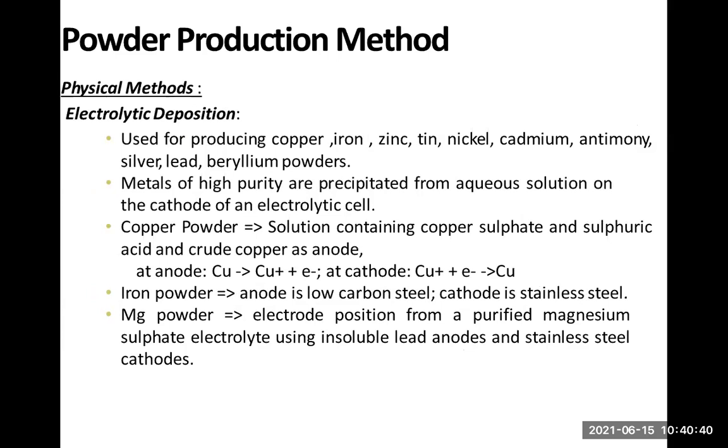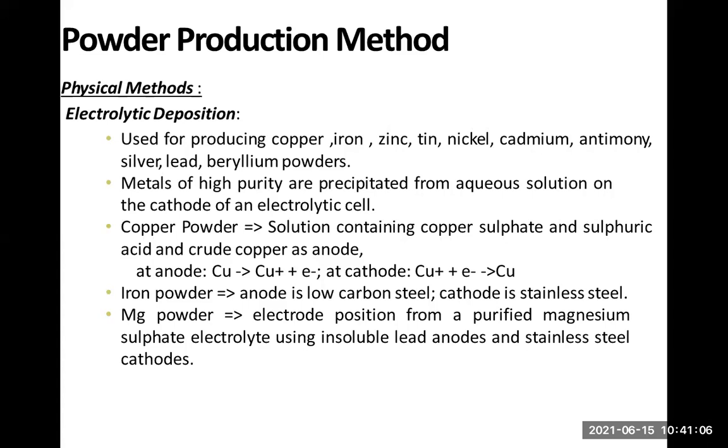In case of physical methods, we have different physical methods to produce powders, like electrolytic deposition, which is used for producing copper, iron, zinc, tin, nickel, cadmium, silver, and lead powders, and different metals having high purity, which are precipitated from the standard solution, like your electrolytic solutions.